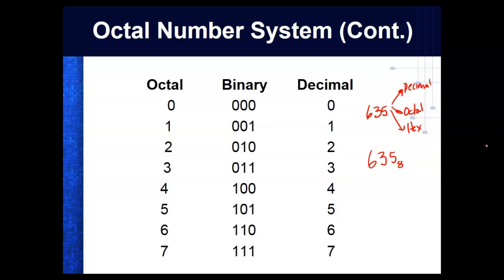That'd be base 8. So this would be 8 to the 0, 8 to the first, and 8 to the second. If this is base 10, this would be 10 to the 0, 10 to the first, 10 squared. If this is base 16, then each one of these would hold a weight of 16 to the 0, 16 to the first, 16 to the second.